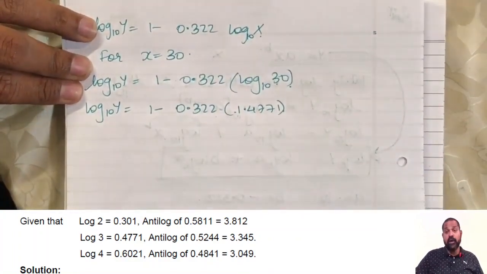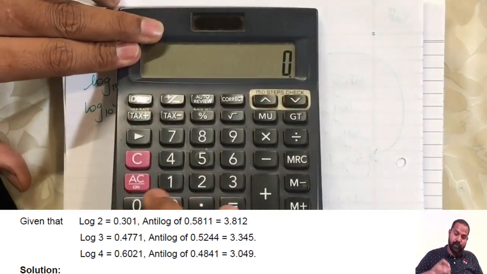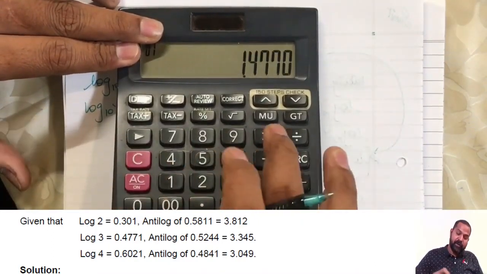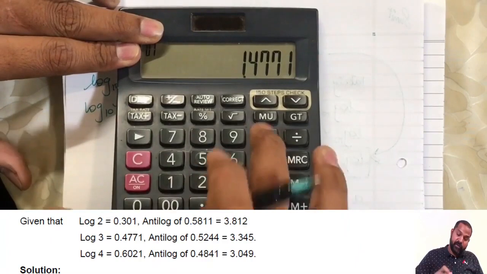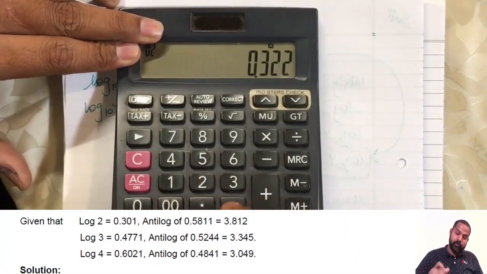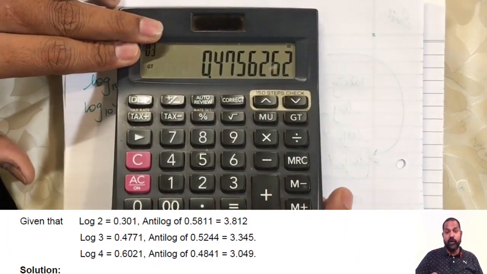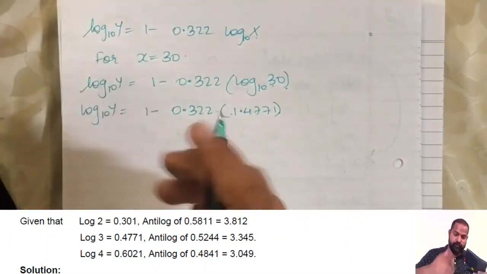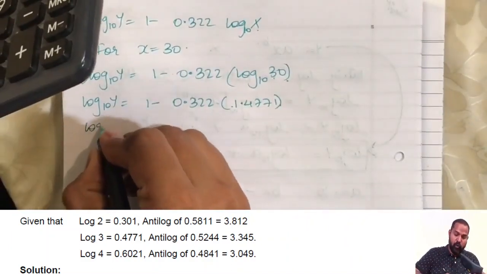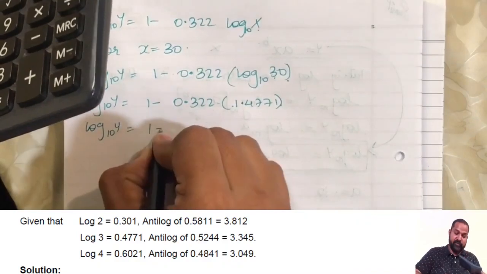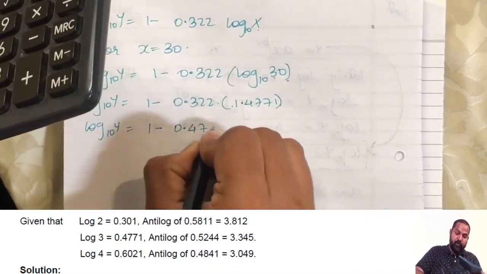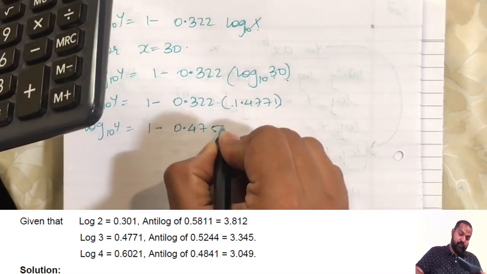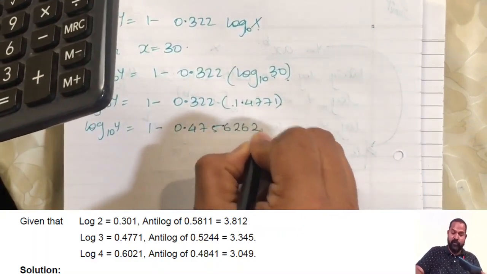0.4771 into 0.322 is 0.4756262. So log y to the base 10 is 1 minus 0.4756262.